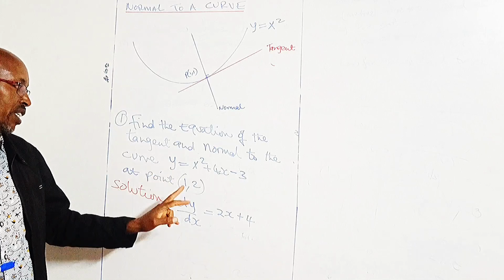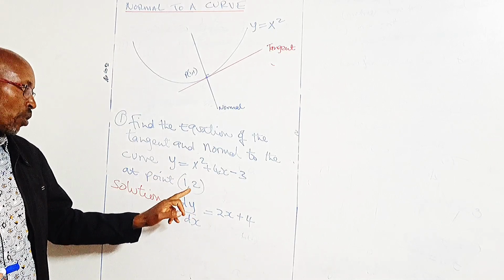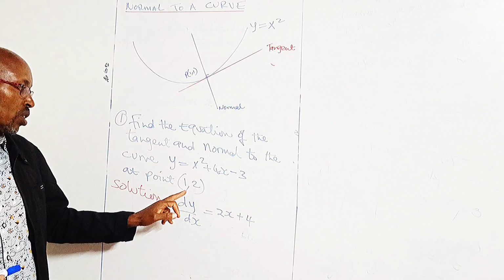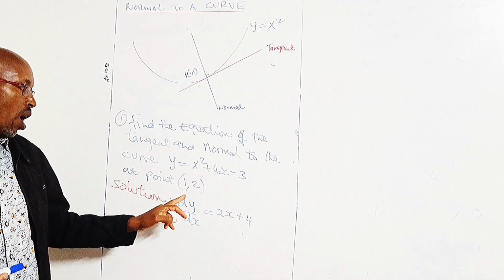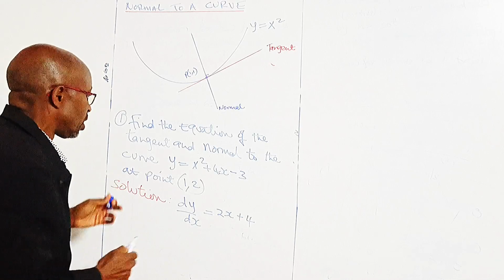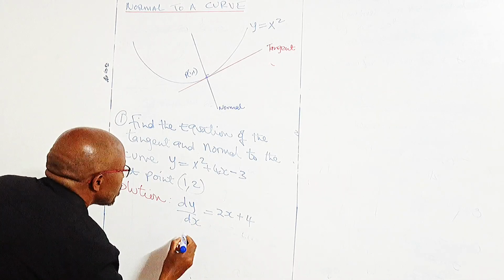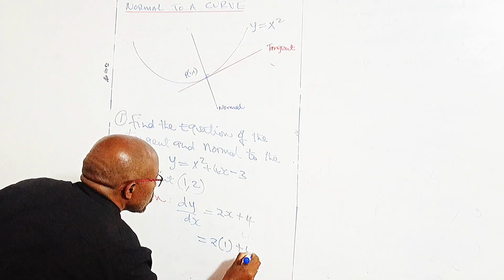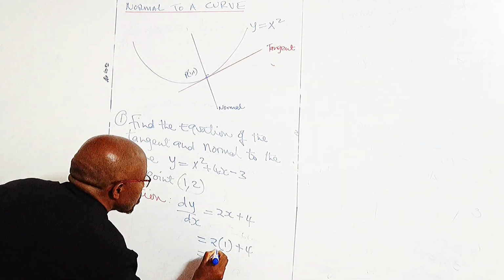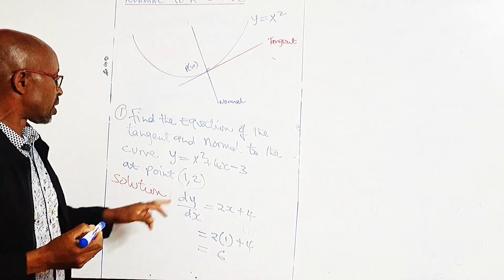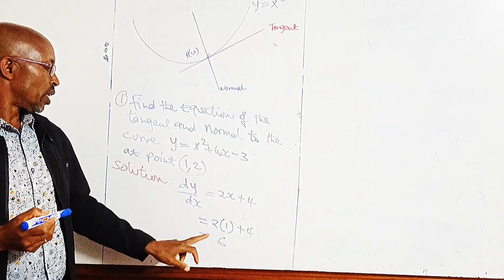But we're interested in this particular point (1, 2). So we substitute our x to give us the gradient at that point. Our x is 1, so substituting, this will be 6. So the gradient at (1, 2) is equal to 6.